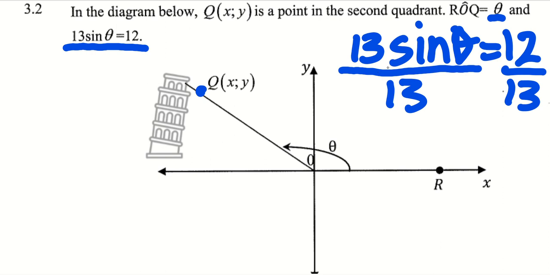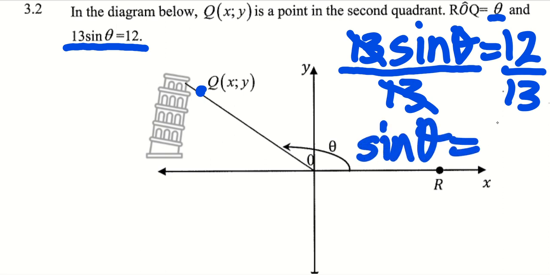The main idea of dividing by 13 is so that we can cancel it out here, because what we are looking for is sine theta. So I'm going to write sine theta equals, on the right-hand side, 12 over 13, since we divided everything by 13.